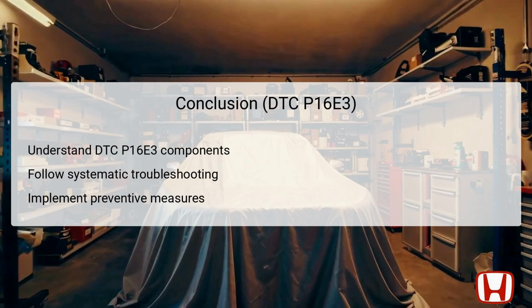As we discussed, maintaining secure and clean connections, replacing faulty components, and conducting routine diagnostic checks are crucial in preventing similar errors in the future. By implementing these strategies, you can help ensure reliable vehicle performance and longevity, enabling a smoother and more enjoyable driving experience.